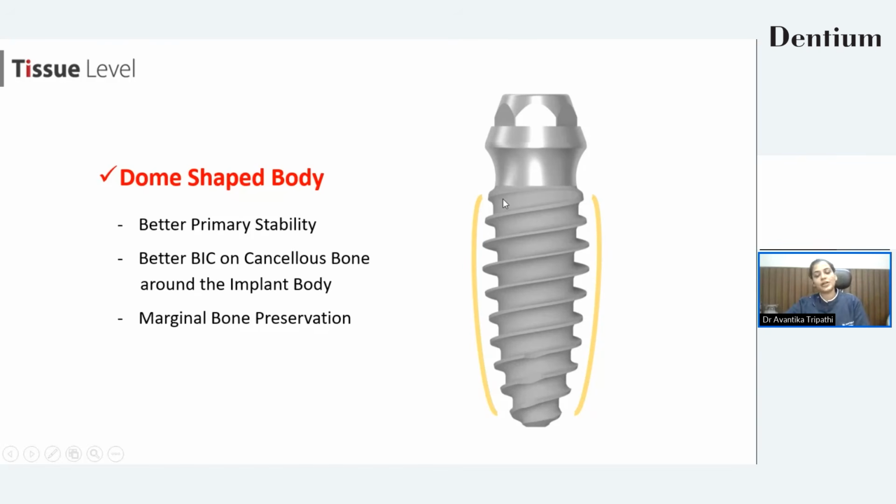The narrow neck is going to prevent marginal bone loss and preserve the crestal bone, whereas the tip is also a little pointed, which is going to pierce through the bone and provide a good amount of primary stability.